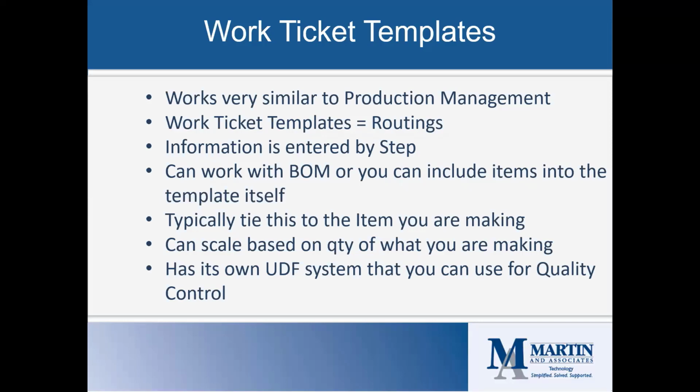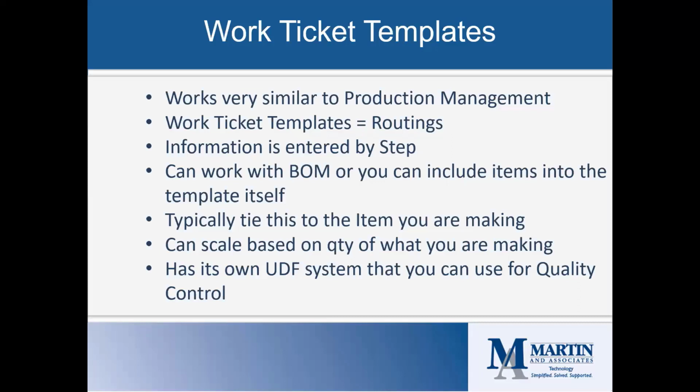Another way that you could do it, if you've never used the work order module before and you've never really done bill of materials before, more often than not you're probably going to just use the work ticket template, because the work ticket template can either work with bill of materials or it can just flat out replace bill of materials.